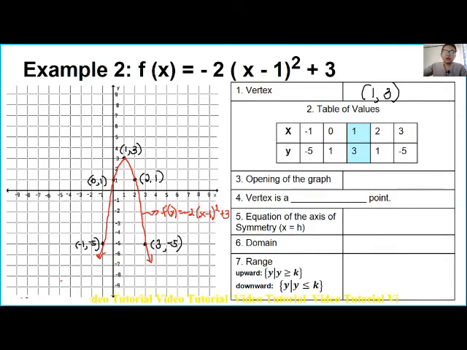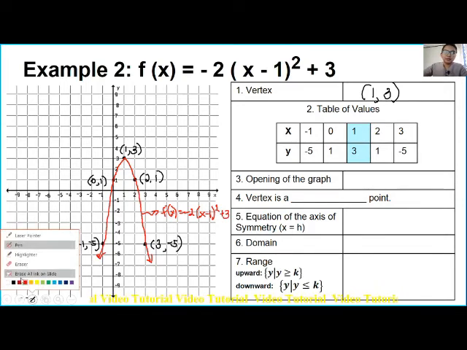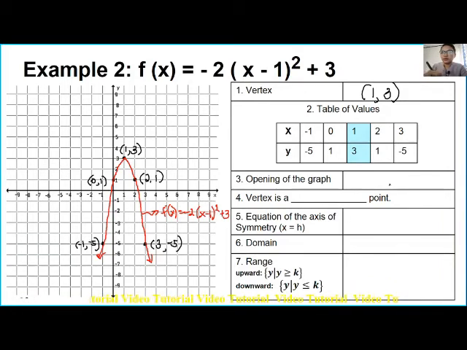Now we identify the opening of the graph. For the opening of the graph, obviously it opens downward. For the vertex, since it opens downward, it is the maximum point. For the equation of the axis of symmetry, we just write x equals the value of h, which is 1, so x equals 1.